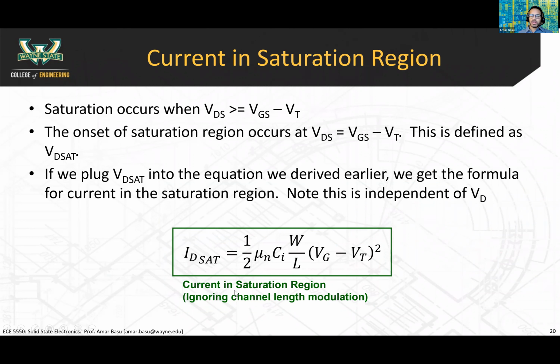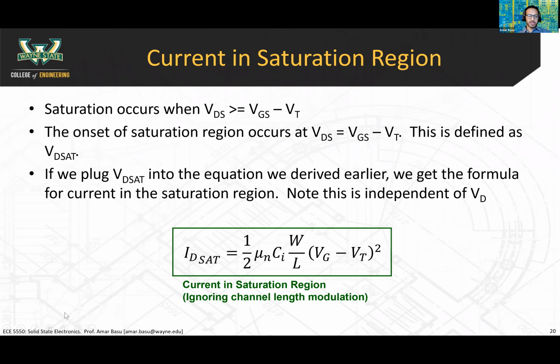Okay, so I have an important point here. This is ignoring channel length modulation. The way that I've structured this module is that we talk about channel length modulation later on, and so right now I'm just giving you the very basic equation for the ideal behavior in the saturation region.